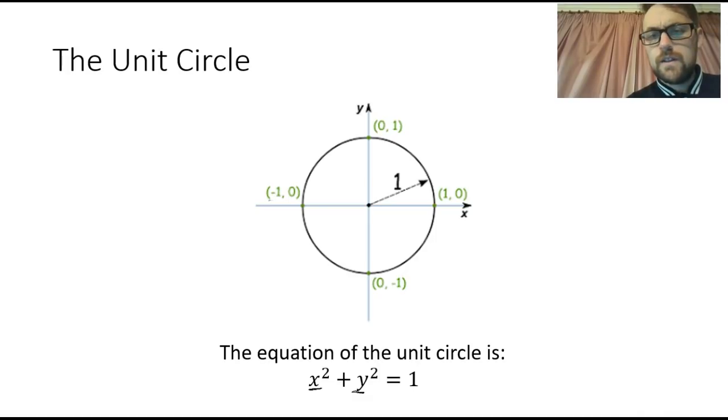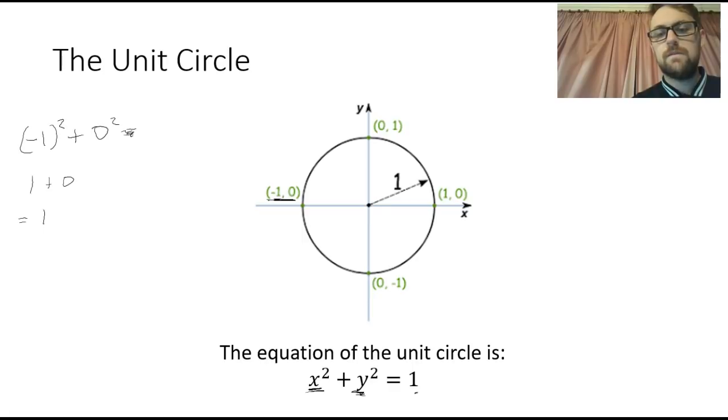So we've got, let's start with this one. So our x is -1 and our y is 0. So -1 squared plus 0 squared should equal 1, but let's work that out. -1 times -1 is +1 plus 0. 1 plus 0 equals 1. All right, so we've shown that these two things squared equal 1.